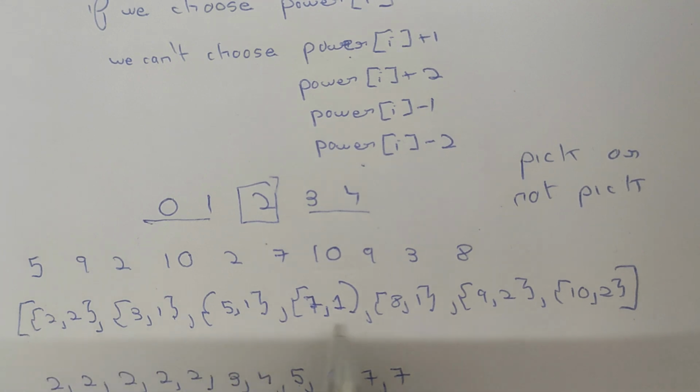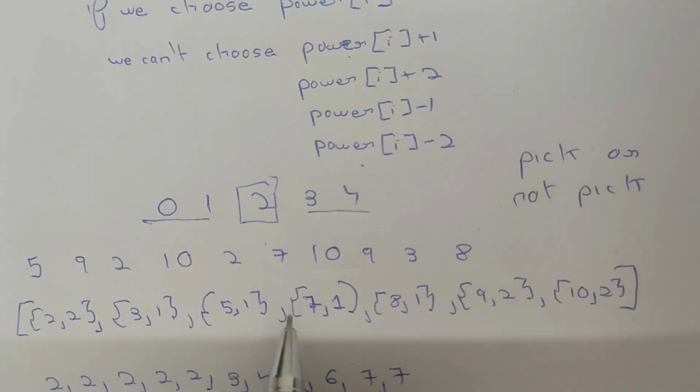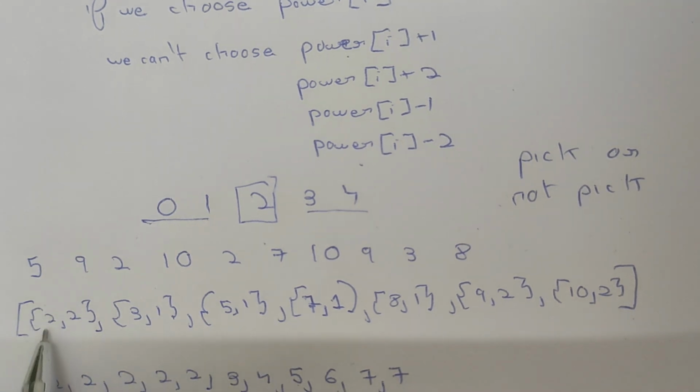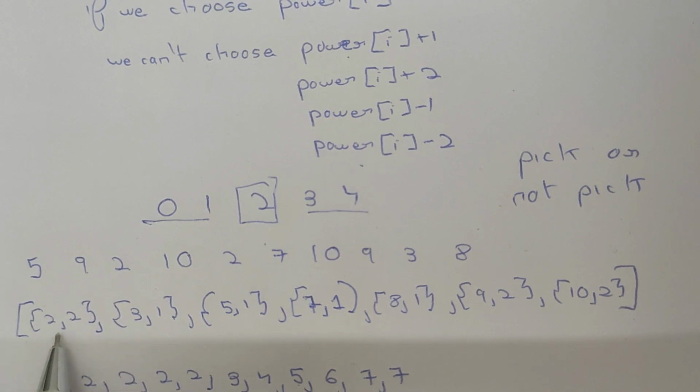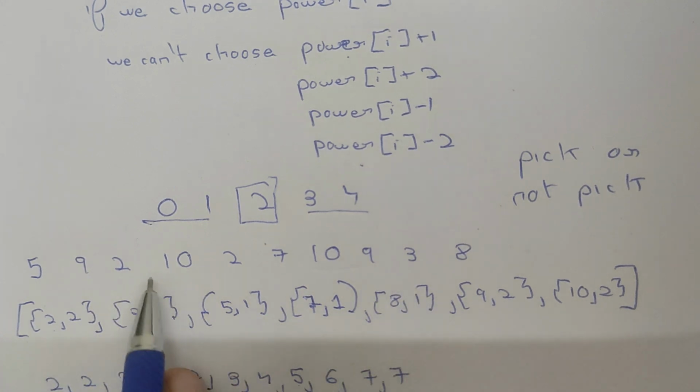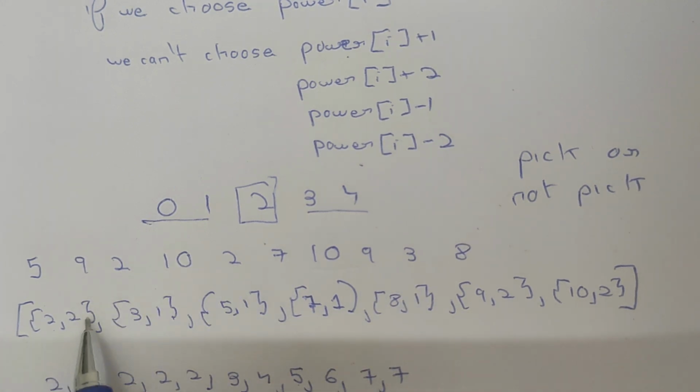Inside a pair, the first element will be the value and the second element will be the number of occurrences of that particular value. So the first pair is 2, 2: 2 occurs 2 times inside this array.